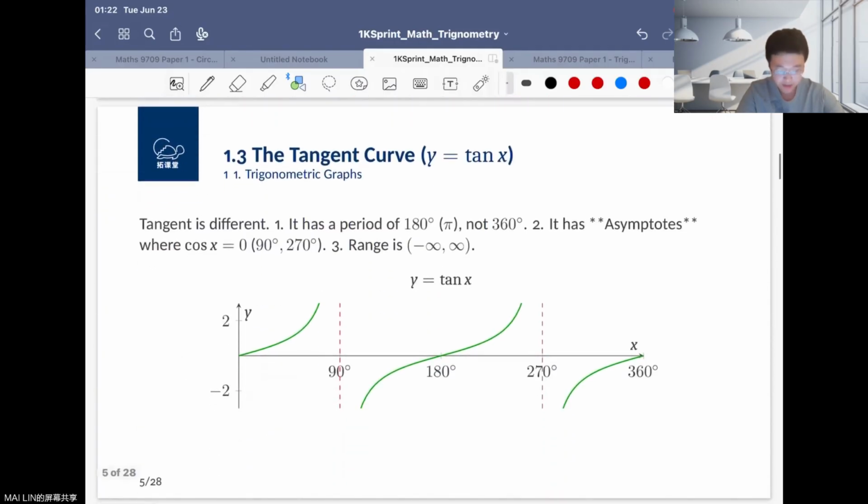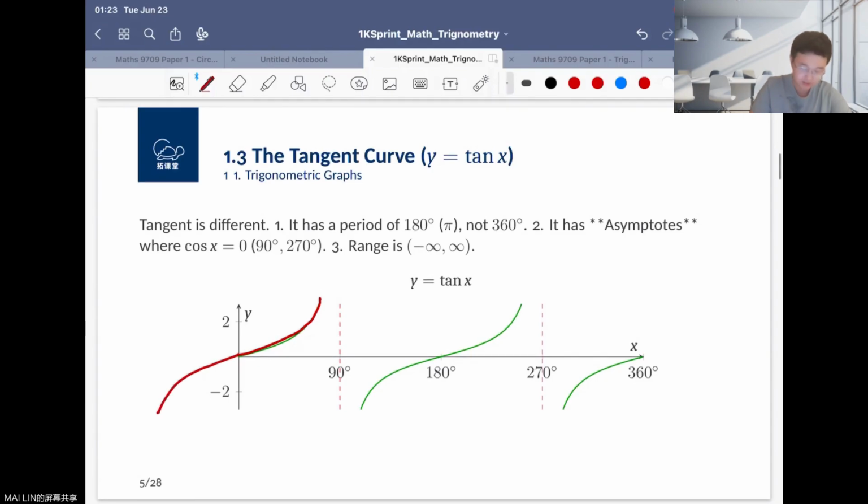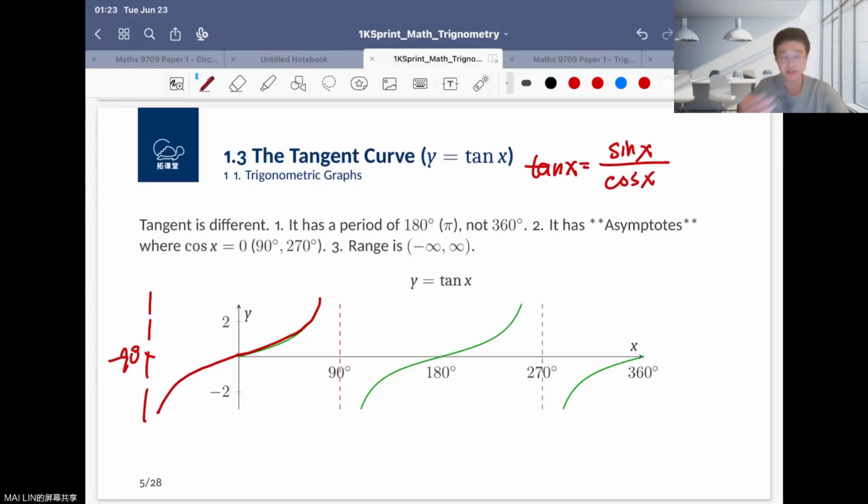Also we have the tangent curve. You can draw the tangent function like this. You can find the period is from negative 90 degrees to positive 90 degrees. Why is that? Because we know that tan x equals sine x over cos x. If you have already learned IGCSE mathematics, I hope you can understand this equation, okay?